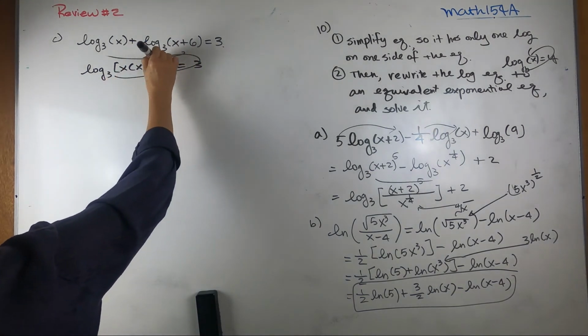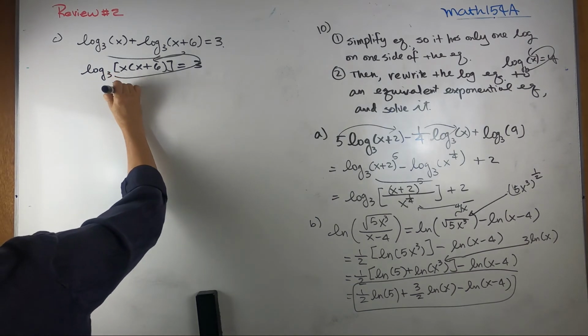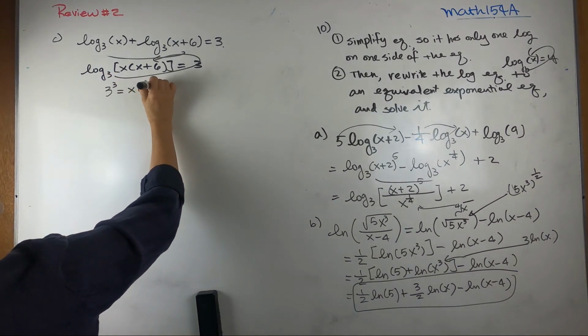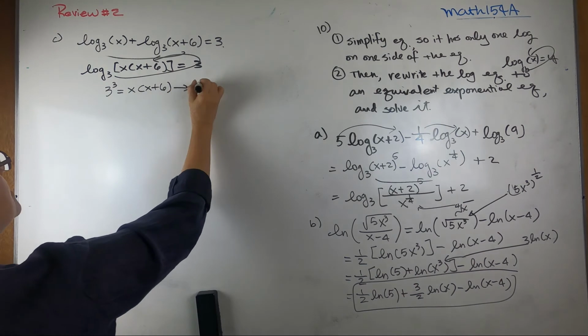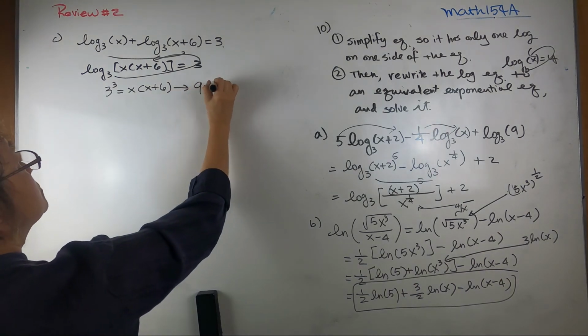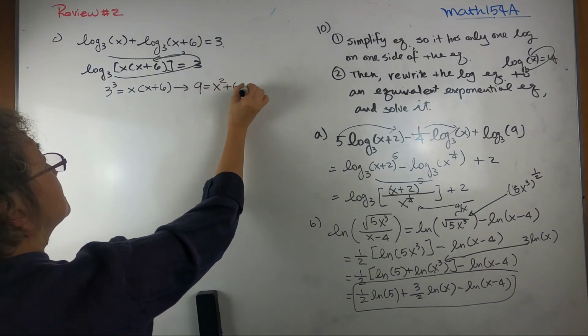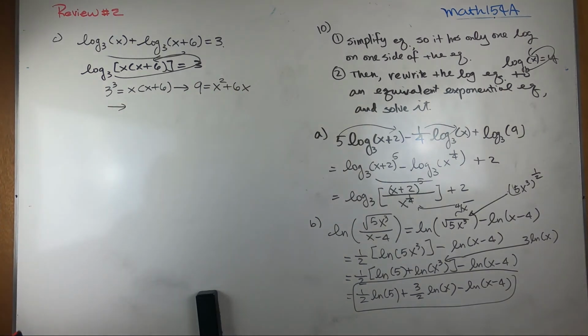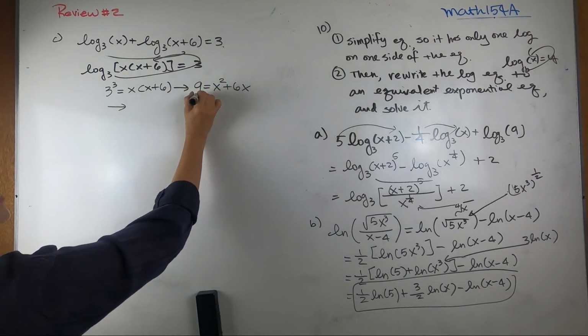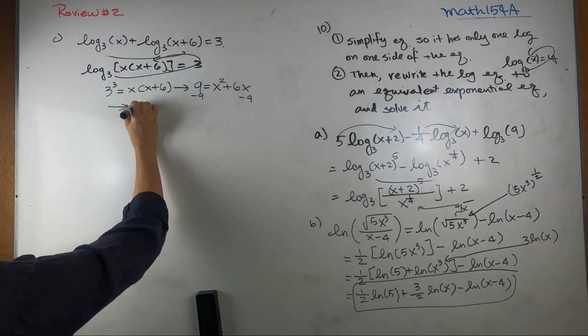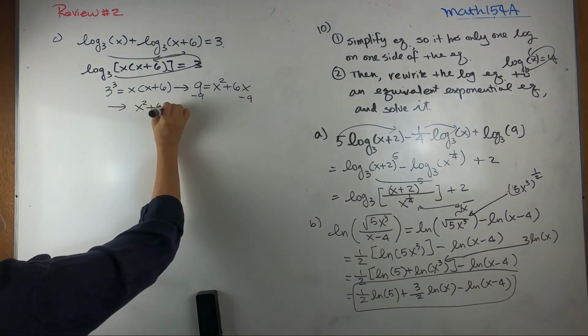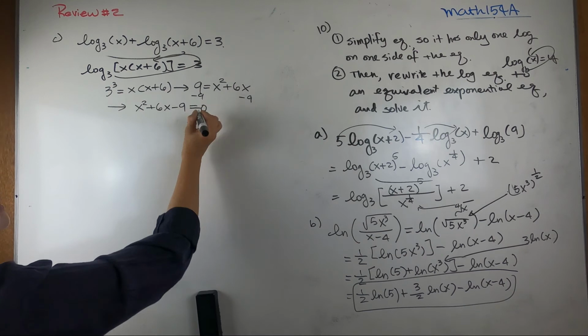So you do that. So you have what? 3 to the 3 power is this one, right? That means what? 9 equals x squared plus 6x. And now the standard form, you write it in standard form. That would be x squared plus 6x minus 9 equals 0.